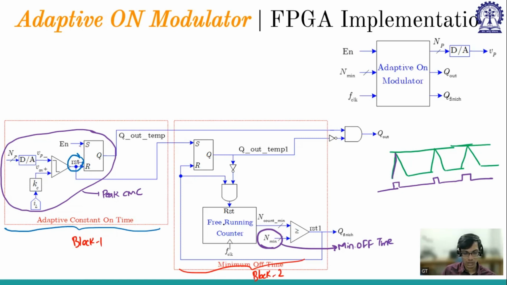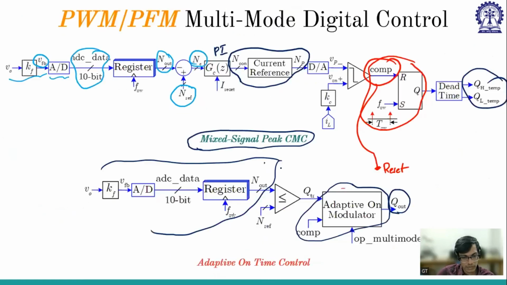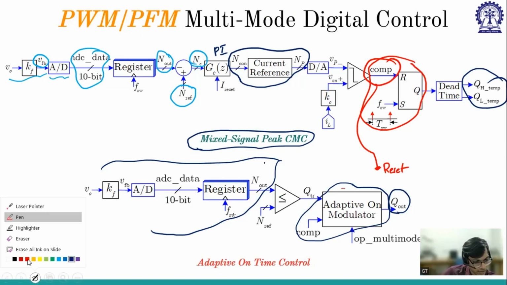No, sir, my question is how much off time we need, and who decides it? See, when do we turn on this? We turn on when this output is again crossing the reference. So it is similar to what we discussed previously.